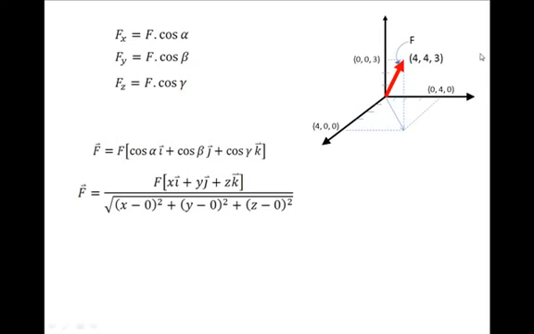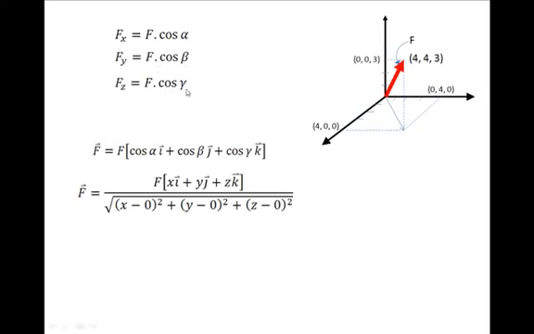Now, you see this force's x component will be Fx, and that will be equal to F cos alpha if this force is inclined at alpha degrees to the x-axis. Similarly, the y component of this force will be F cos beta if the corresponding angle with the y-axis is beta, and similarly the z component is F cos gamma.